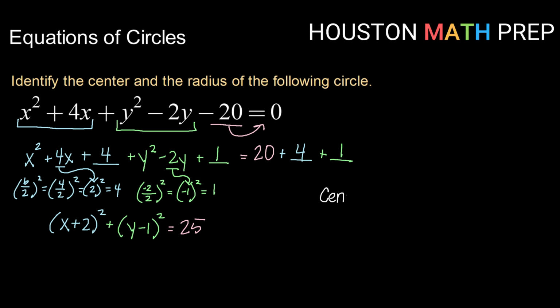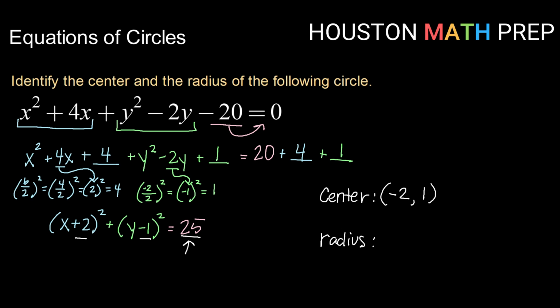So now I can fairly easily identify my center and my radius. My center comes from inside the parentheses, and it is the opposite of what it appears. So x plus 2 gives me a minus 2 for the x coordinate of my center, and y minus 1 gives me a positive 1 for the y coordinate of my center.